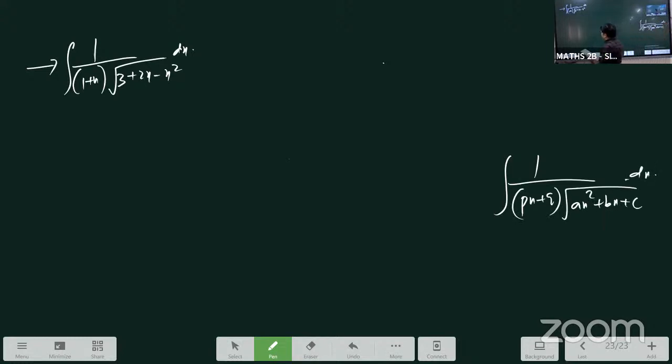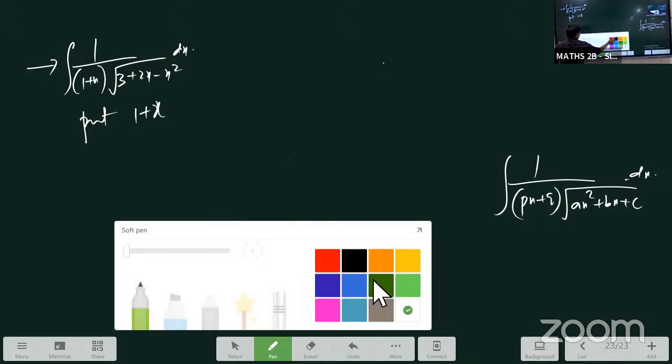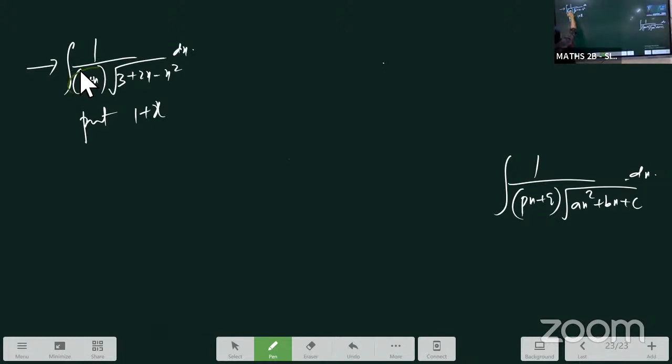So whenever you come across a form like this, the most important thing you are going to do is put 1 plus x equal to, this 1 plus x part.